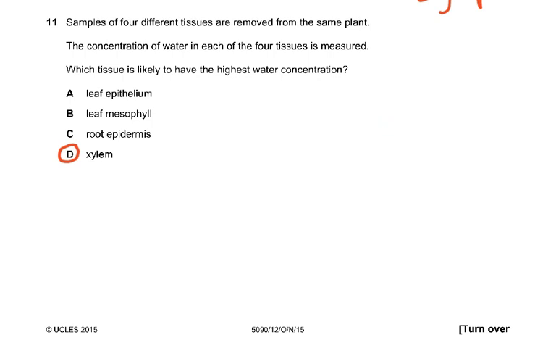Then coming to the next question. Samples of 4 different tissues are removed from the same plant. The concentration of water in each of the 4 tissues is measured. Which tissue is likely to have the highest water concentration? Leaf epidermis, leaf mesophyll, root epidermis, and xylem.